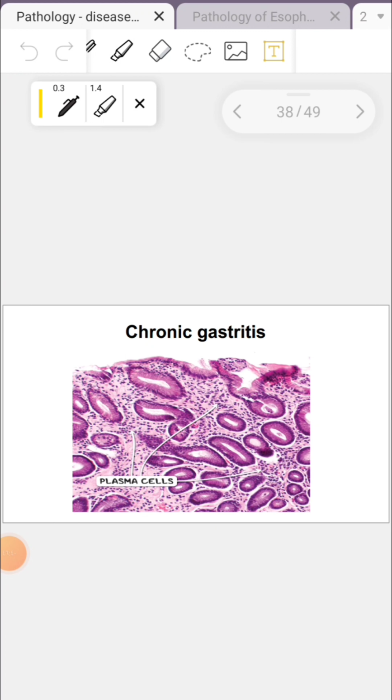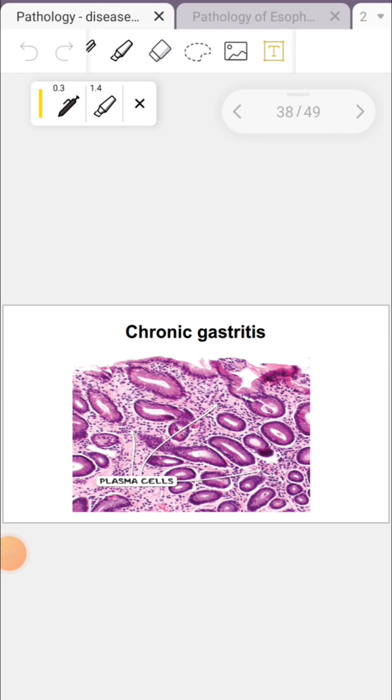Chronic gastritis, guys. Now here is plasma cell infiltration, and here there is no goblet cell metaplasia, but I can identify prominence or widening of the interstitium. This we call glandular atrophy.